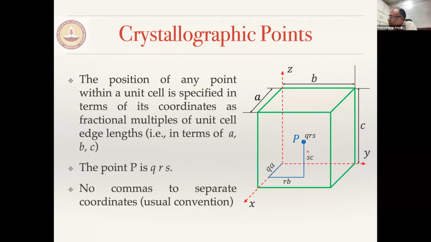Do you agree? Because 1/2 of A, 1/2 of B, 1/2 of C. So the representation of this point P will be 1 by 2, 1 by 2, 1 by 2. That is the way a crystallographic point should be represented within a unit cell. Is there any question there?